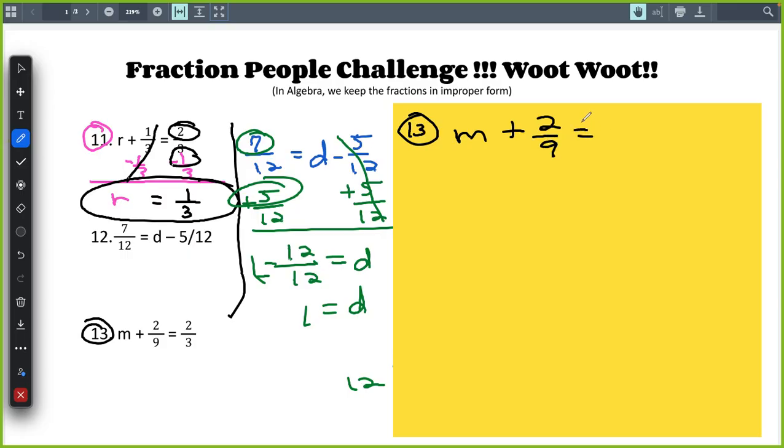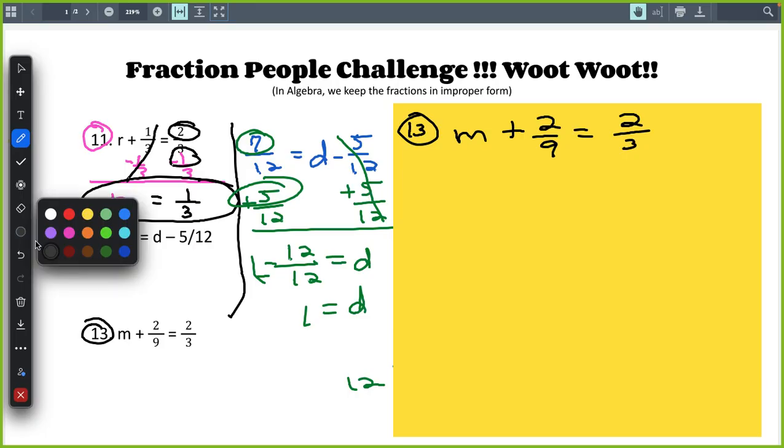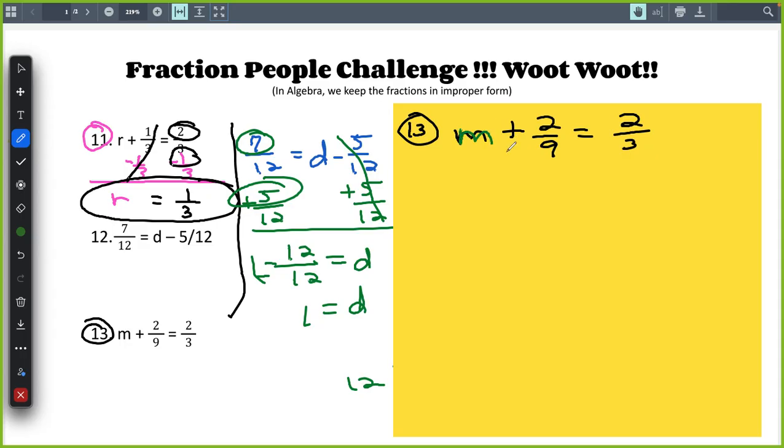M plus 2/9 equals 2/3. So the first thing I'm going to do is get rid of this 2/9, right? Because I need to get M alone on the left side of the equal sign. So what's the opposite of plus 2/9? Well, minus 2/9. And whatever I do to one side, I got to do to the other.